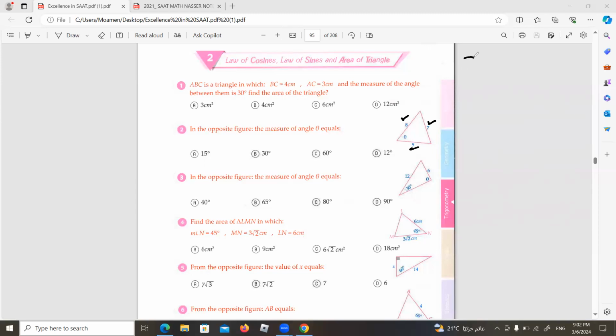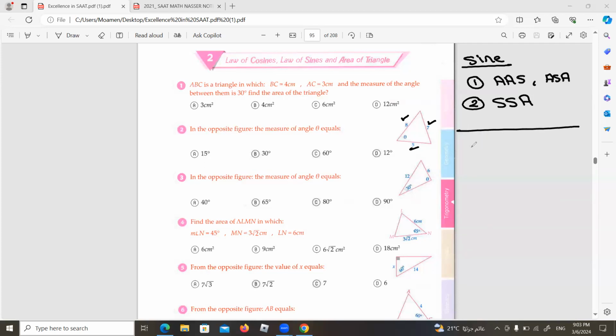We will use the sine law if we have two angles and one side. Number 2, if we have two sides and the non-included angle. Or two angles and a side, the side may be included, maybe outside, there is no problem. These are the cases of using sine.